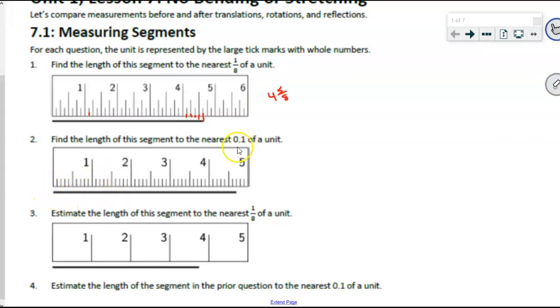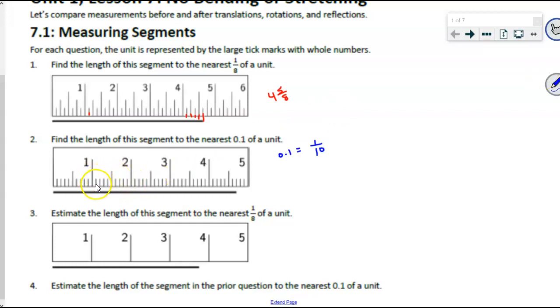This segment says to the nearest 0.1. What does that 0.1 mean? Well, 0.1 is 1 in the tenths place, so 1/10. And when I write 1/10 as a fraction, it makes a little bit more sense what I'm actually seeing. That means that these are broken up into 10 pieces.